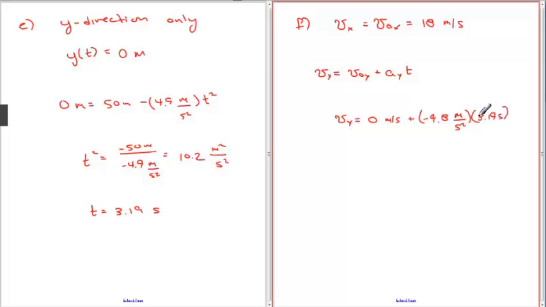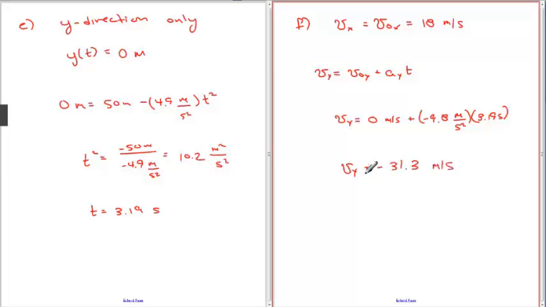So we get negative 9.8 times 3.19. And so v sub y is negative 31.3 meters per second. So those are the components of the velocity.